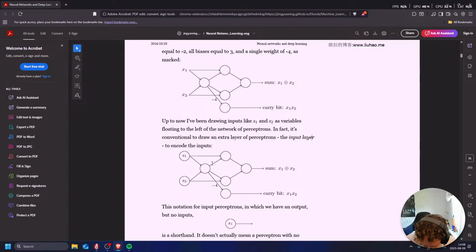It's conventional to paint the input layer as the others. Right.